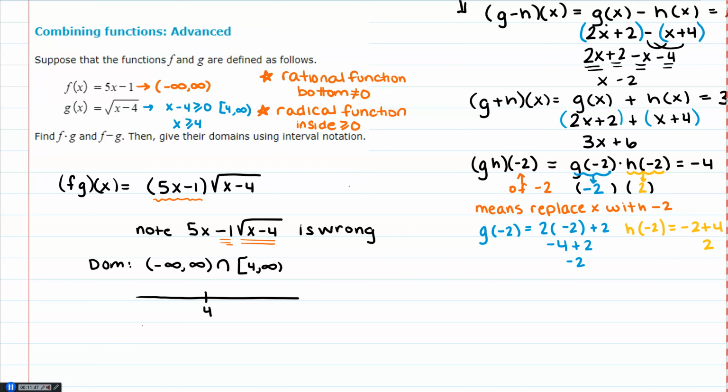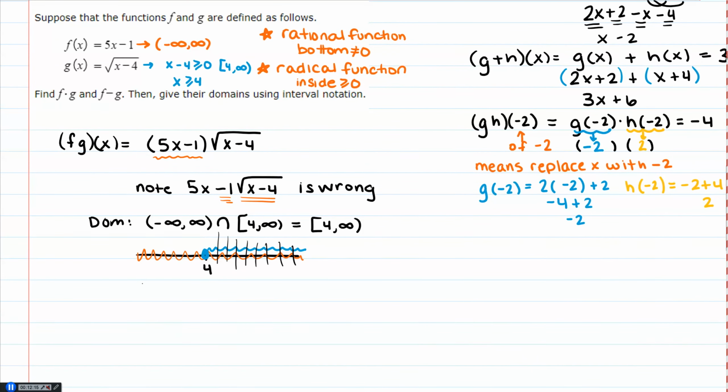It may not. So the first domain, minus infinity to infinity, is all the numbers ever. And then 4 to infinity starts at 4 and goes to the right. So the intersection is what they have in common, which is all of this stuff over here. So the domain is starting at 4 and going to infinity.